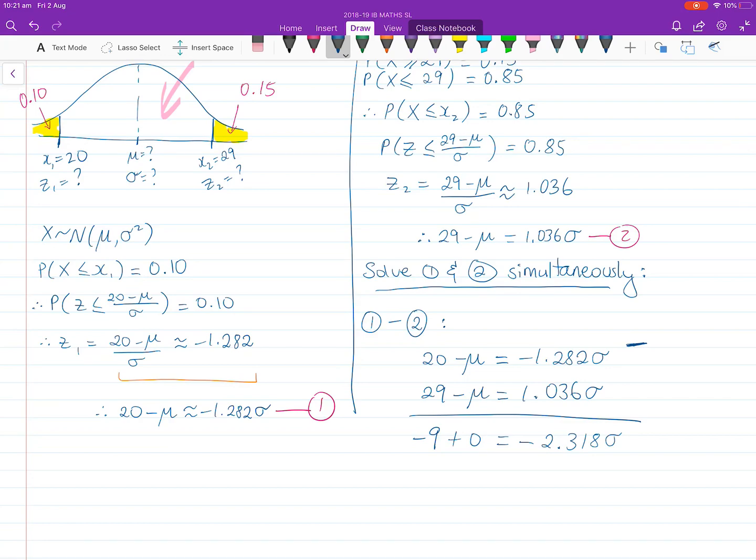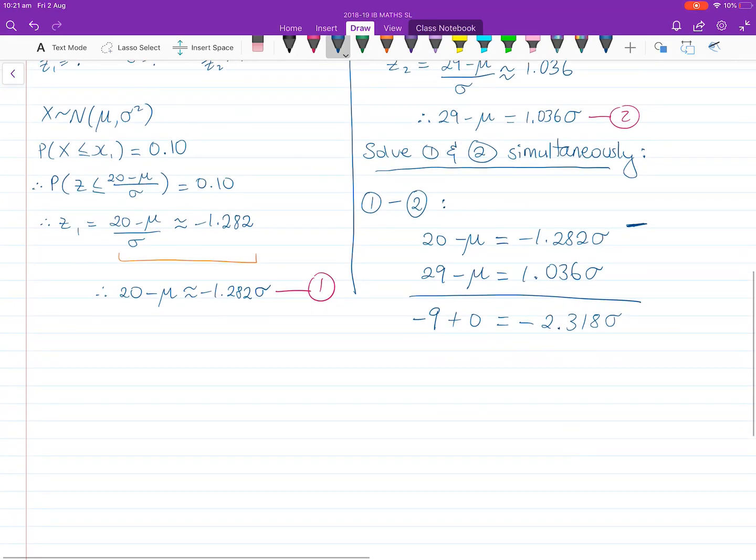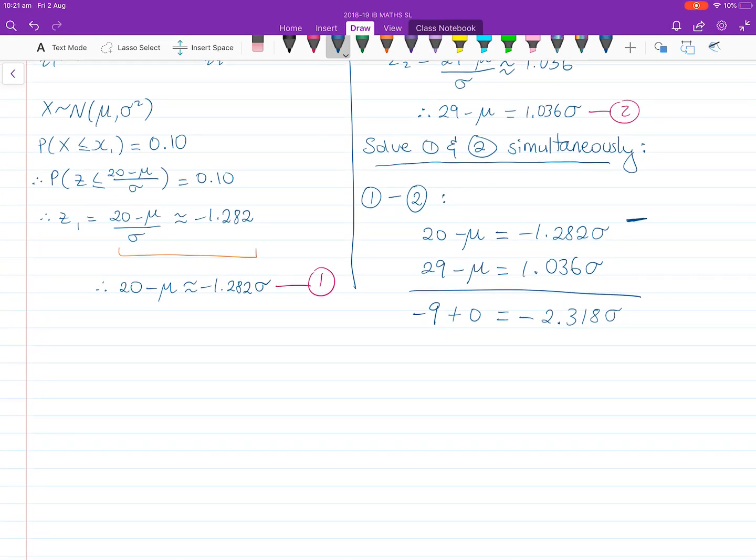Let me double check that with a graphics calculator. You guys know I can be terrible with my mental arithmetic. So negative 1.282 take away 1.036. Let me double check. Negative 2.318. Good. Okay. So I've got negative 2.318 sigma equals negative 9.